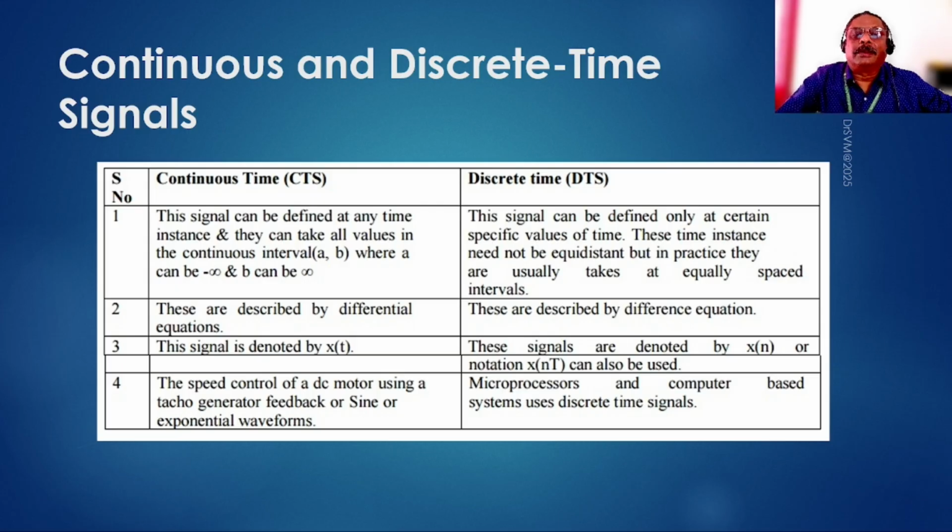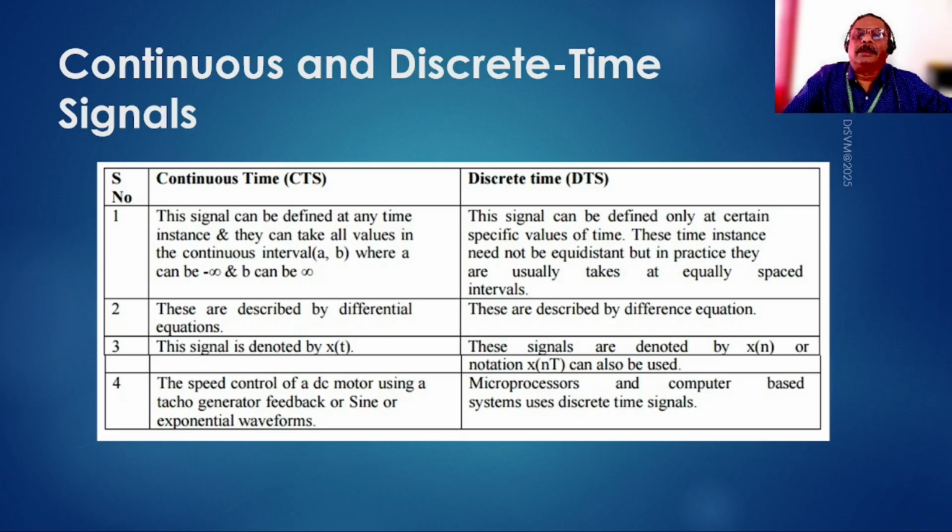On the contrary, if you look at the discrete time signal, then this signal is defined only at certain specific values of time. Not at all instances is the value defined, and these time instances need not be equidistant, but in practice we usually prefer equally spaced intervals, of course, but it can be unequal also.